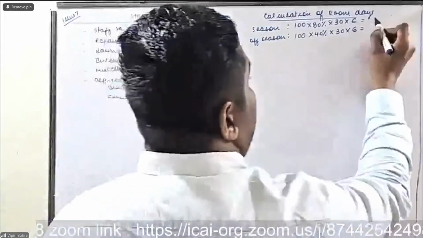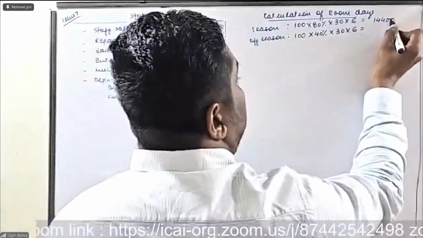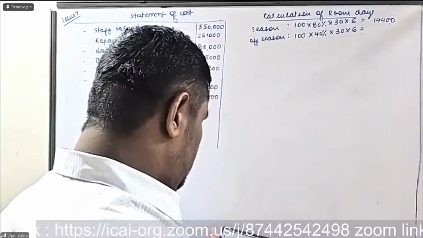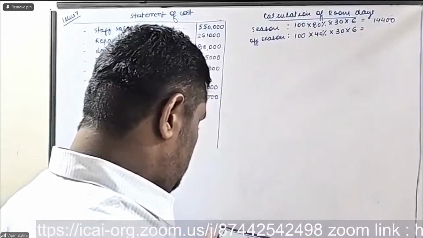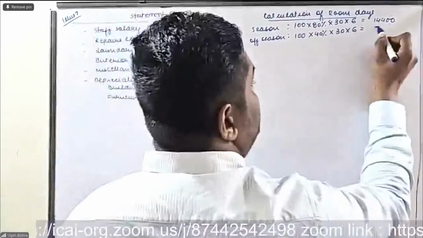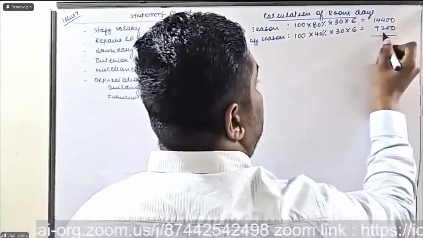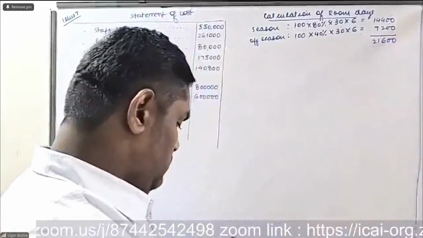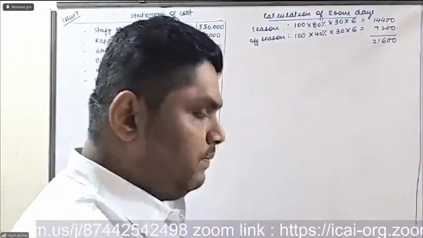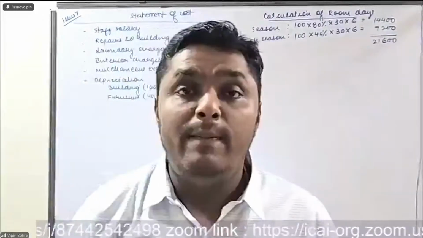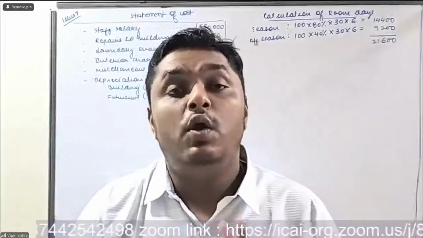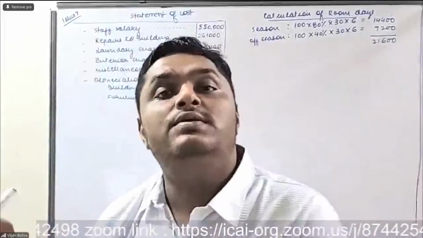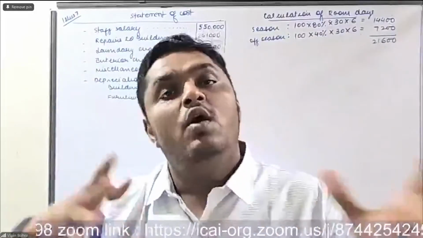it will be 14,400. And this will be 7,200. So this will be 21,600. So when talking about the number of rooms that are occupied during the whole year, it is 21,600. It means we booked 21,600 rooms for a year.